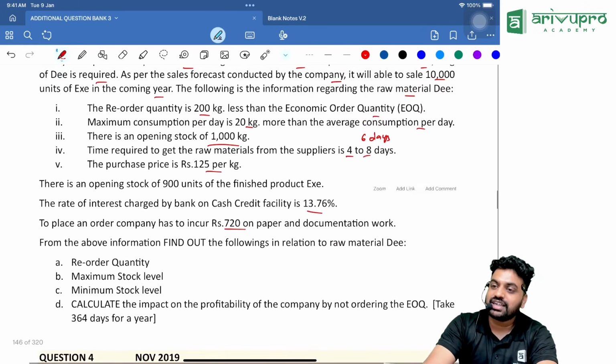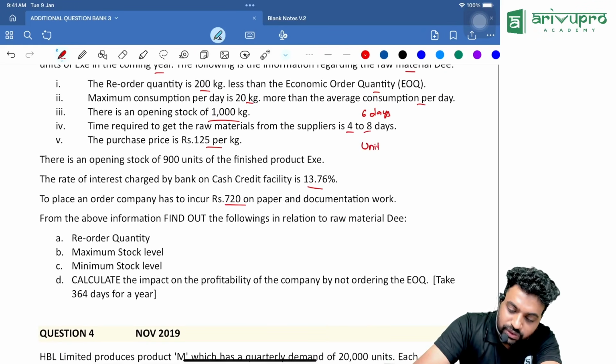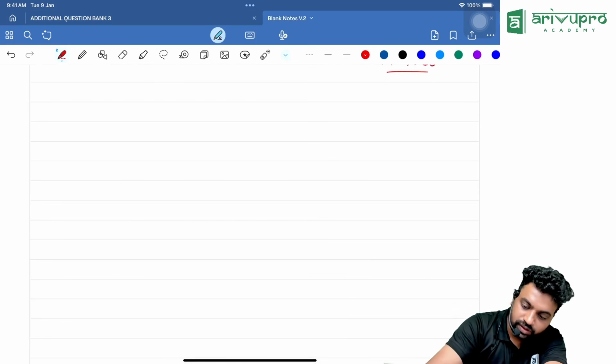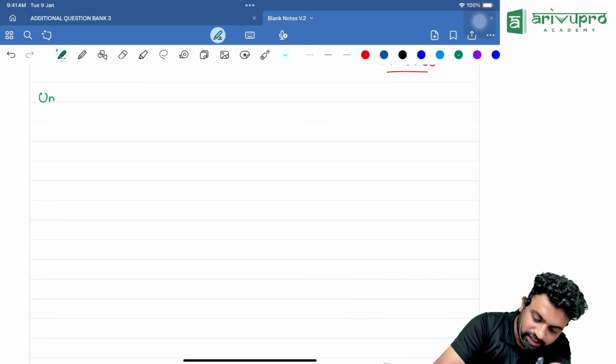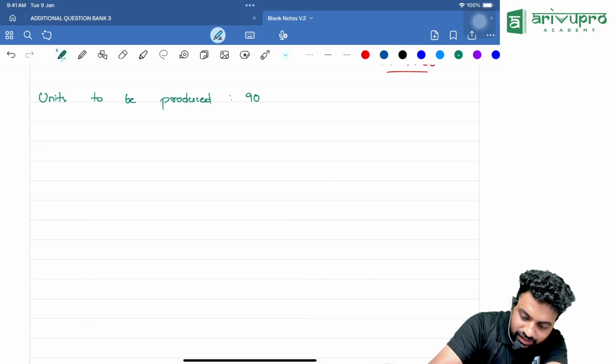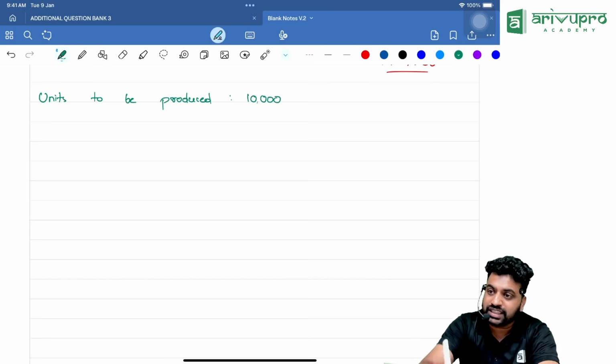So now try to understand. Units to be produced is how much? 10,000 is what is required. If at all they told anything about the closing stock, we should add it, okay?